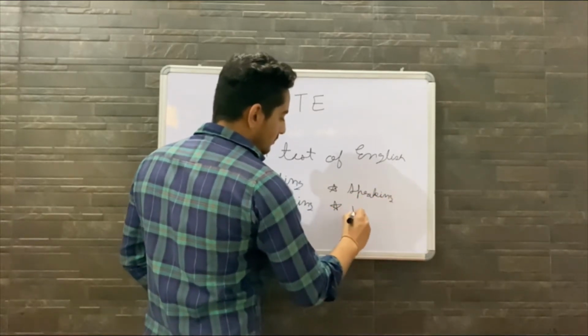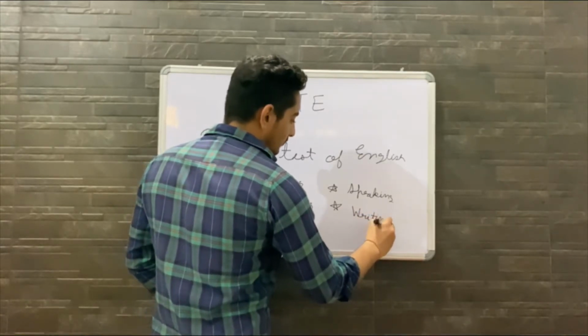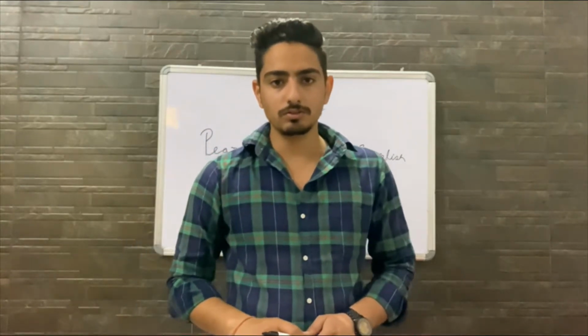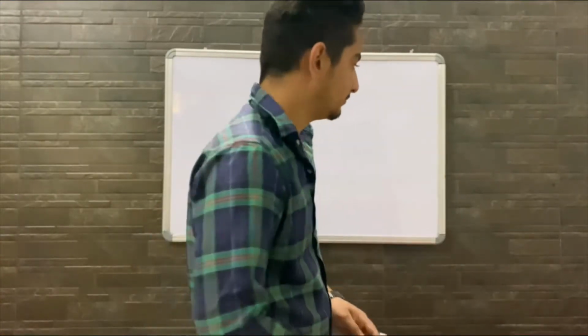And last one is writing. These 4 have subparts also, which we are going to discuss later in this video. Let's discuss the subparts of reading, writing, speaking and listening. First of all, we will start from speaking.